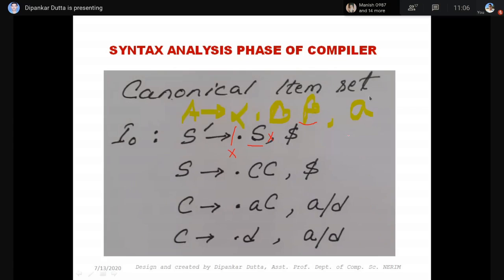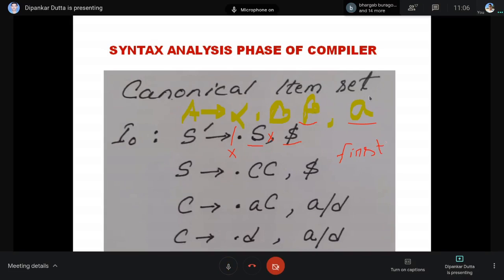What is A? A is the dollar. Then now what we have to compute? First of beta A. Beta means null.